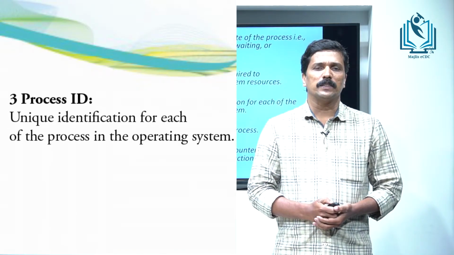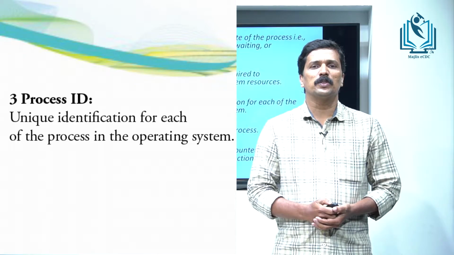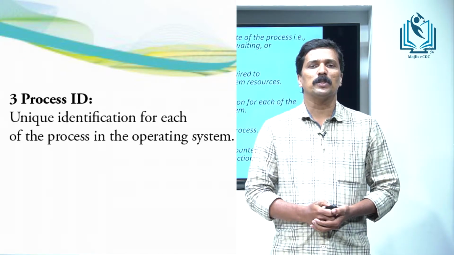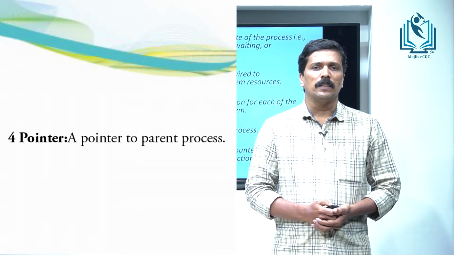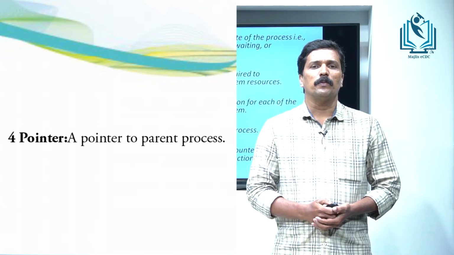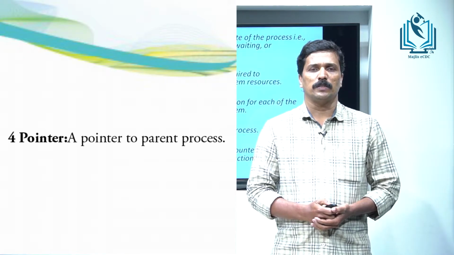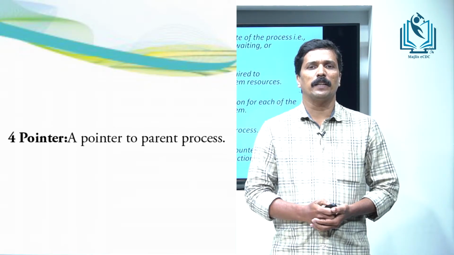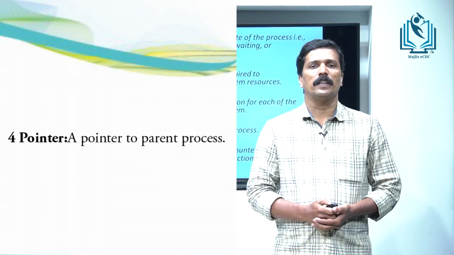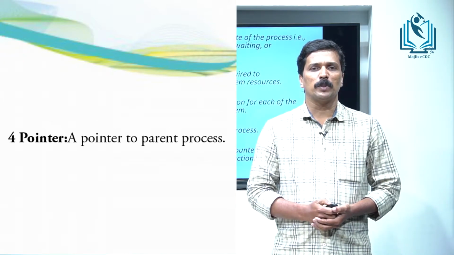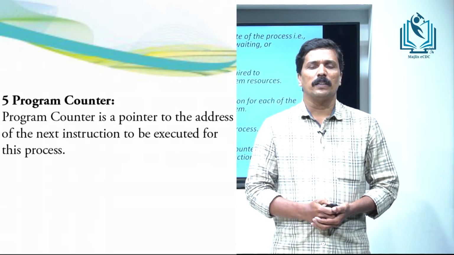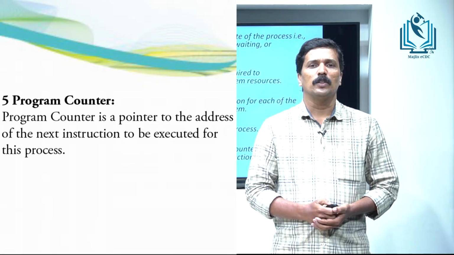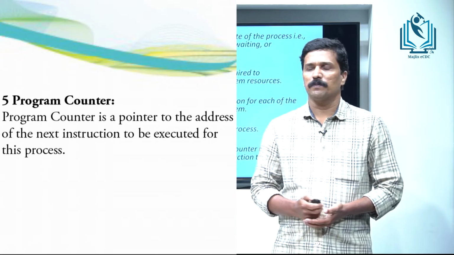Process ID means this ID is used to identify a process uniquely. Pointer means a pointer to the parent process. When a process is created by another process, the creator is known as parent process and the new process is known as child process. Program counter holds the address of the next instruction to be executed.